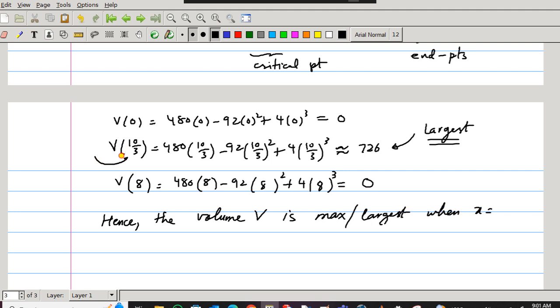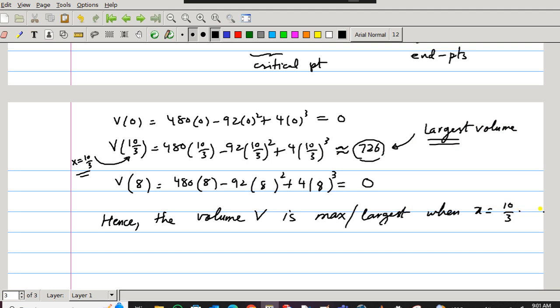This is the value of x, right? When x is 10 by 3, I am getting the maximum volume. This is the largest volume. Okay. So the largest volume is 726, but that occurs at 10 by 3.